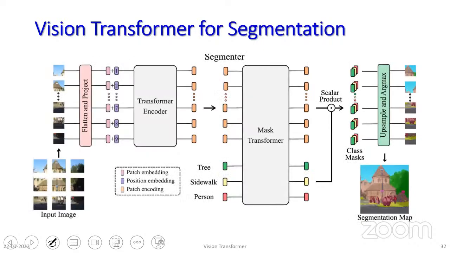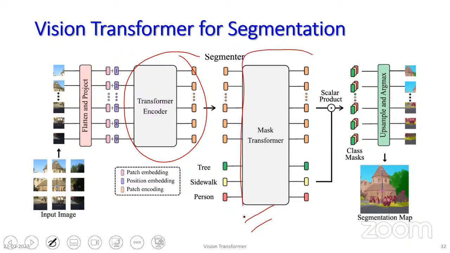Vision transformer for segmentation is also available, where, in brief, after the transformer encoder, the mask transformer is another encoder. So that takes the features of each patch and maps them to a classification in the segmentation.